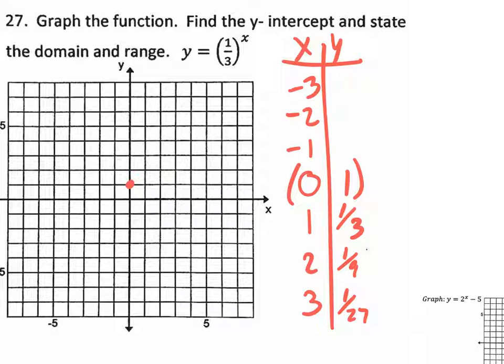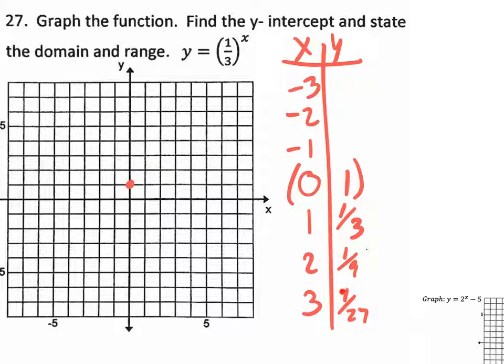So let's actually go in the opposite route, or let's understand this, that the base 1/3 is another way of producing your outputs if your inputs are in order. So 1 times the base 1/3, that'll get you 1/3. Times 1/3, that'll get you 1/9. Times 1/3, that'll get you 1/27th. So going backwards would be the reciprocal of that, which would be dividing by 1/3, which is the same thing as multiplying by 3.